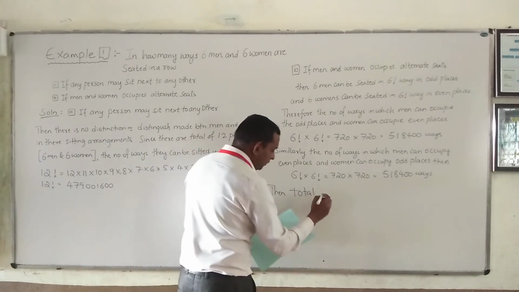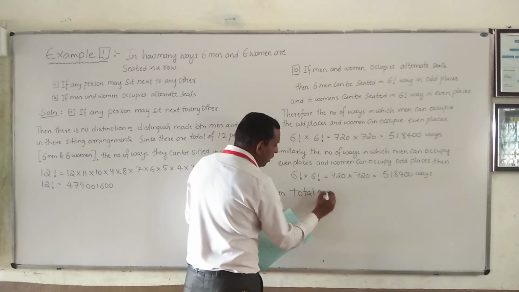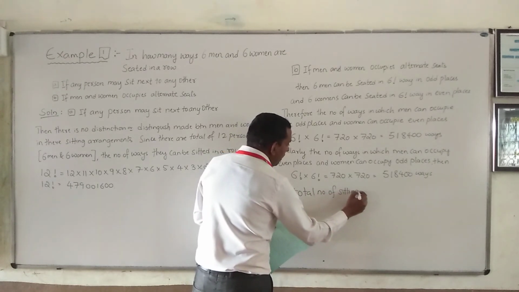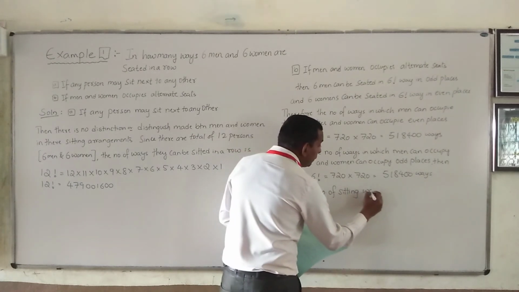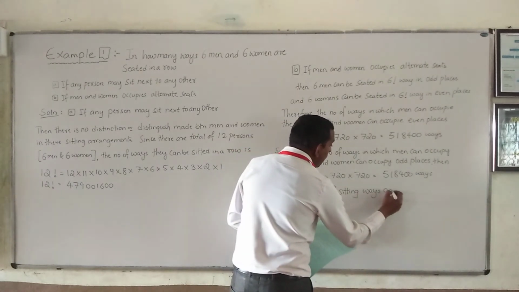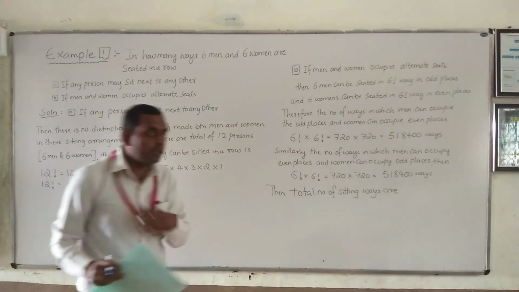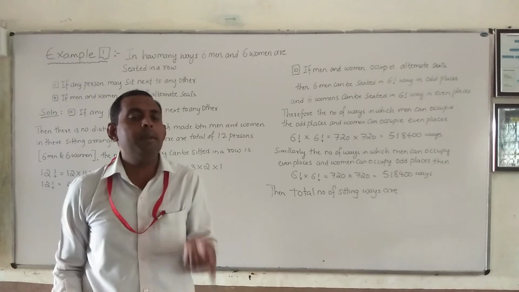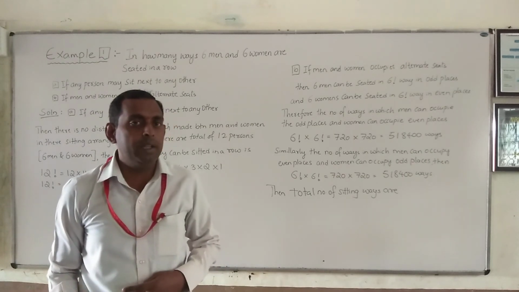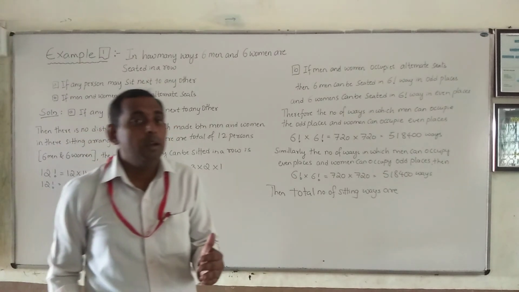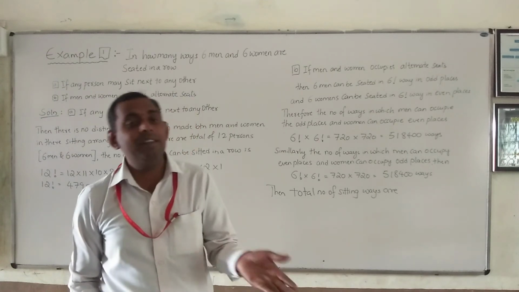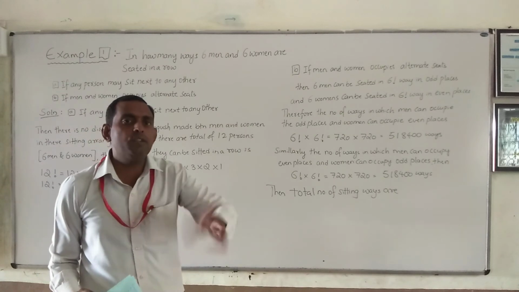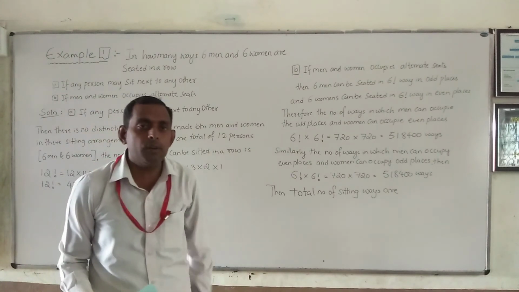Then the total number of sitting ways are. So why are we making a total here? Because at first it is what? Men are in odd places and women are in even places. But in the next, women are in odd places and men are in even places. Fine. So that is vice versa of odd and even places for the men and women.